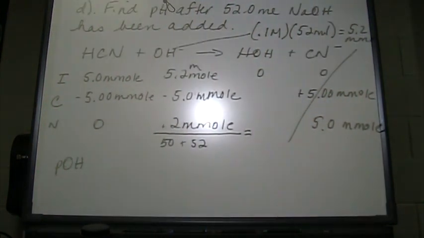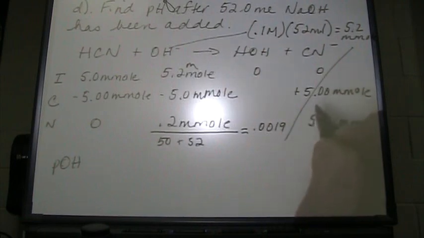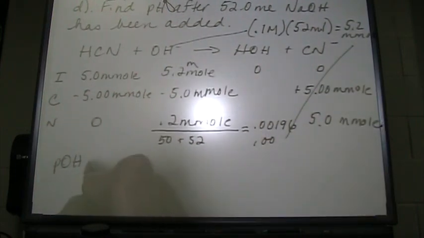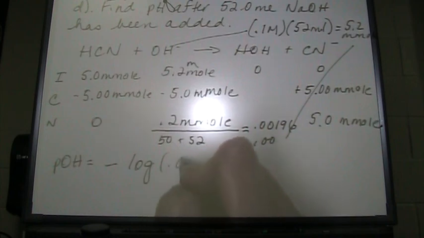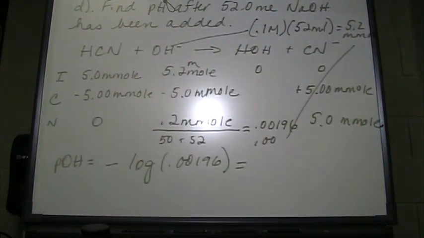That gives you 0.2 millimoles over 102 mL, which is 0.00196. The pOH is the negative log of 0.00196.